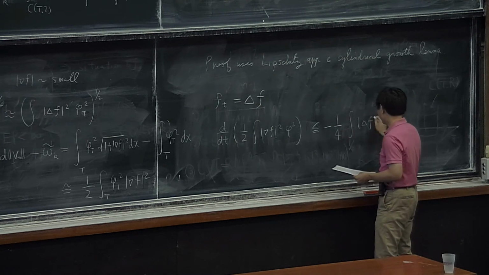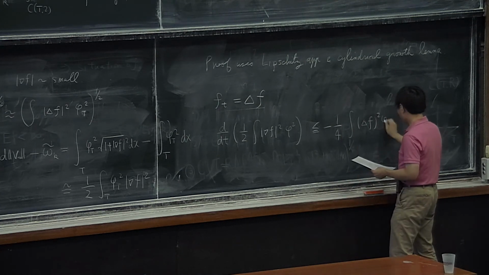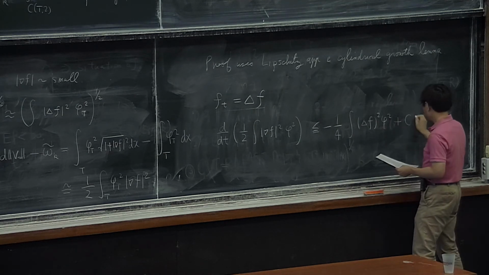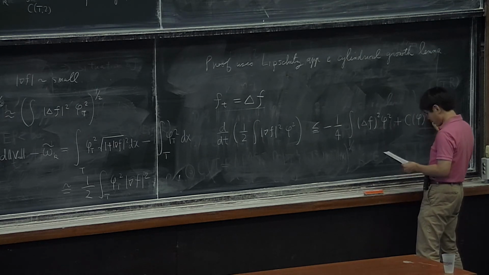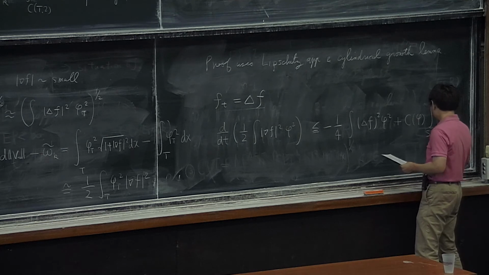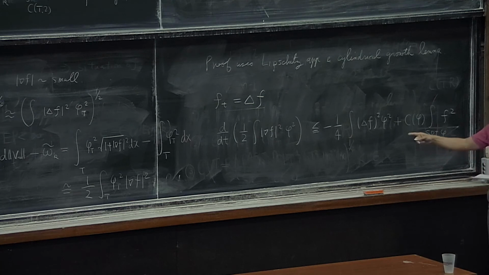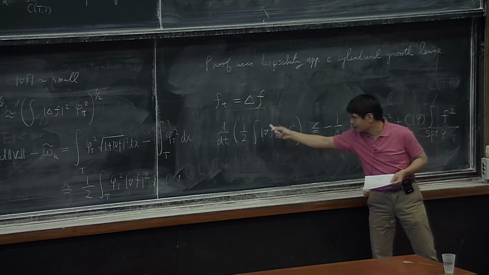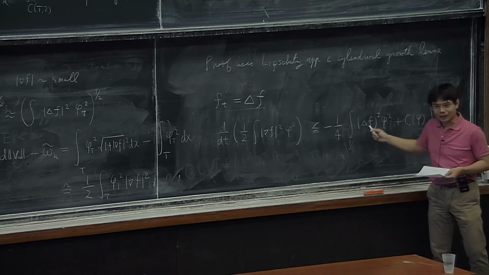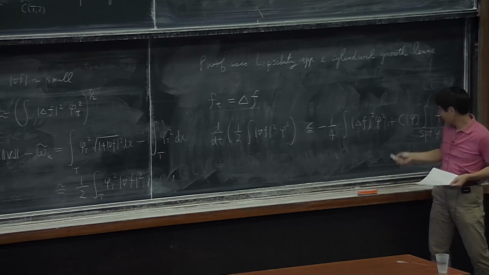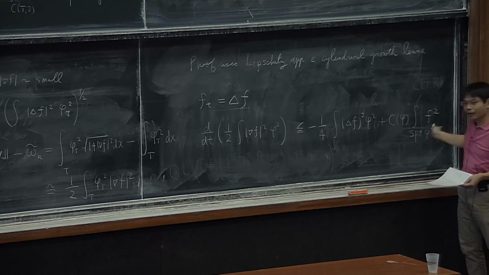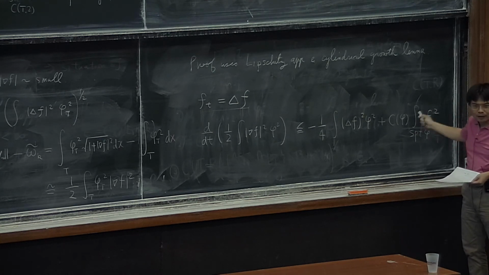Using the heat equation, you can derive this formula. You can imagine that this is bounded by this kind of thing, you just do integration by parts a lot, and this is the L2 norm of f.